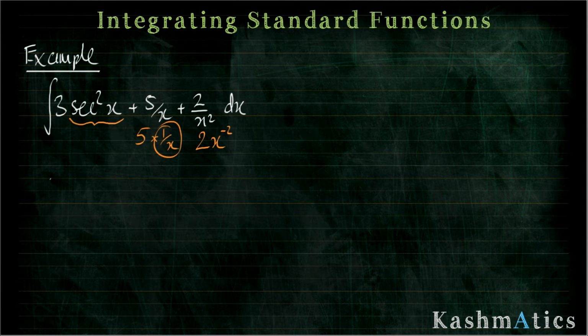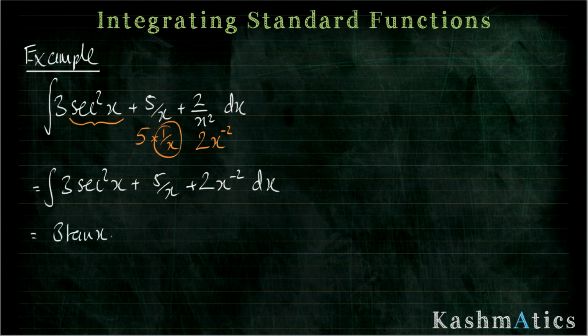So let's just rewrite it neatly. We've got the integral of 3 sec squared x plus 5 over x plus 2x to the power minus 2 dx. From here it's actually quite straightforward now. Sec squared becomes tan, so that would be 3 tan x plus 5 lots of the integral of 1 over x.